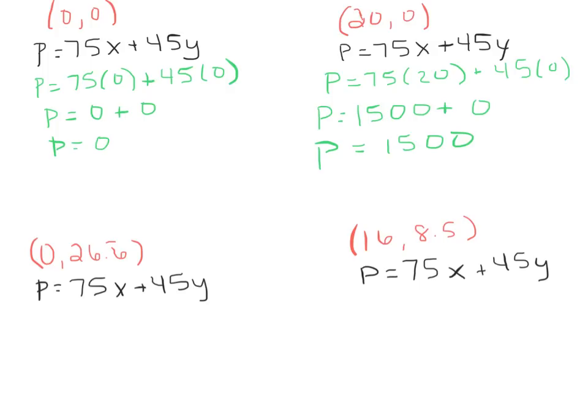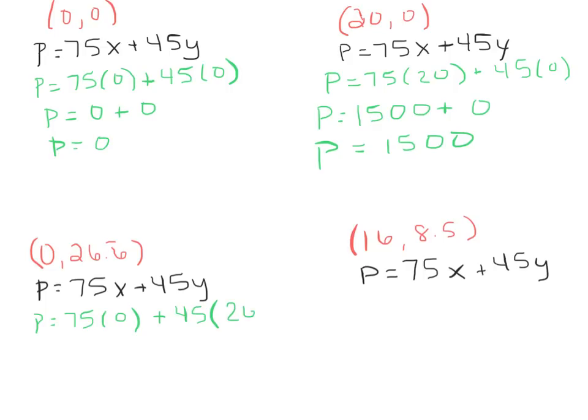Then we go on to our next. We take P equal to 75 times 0 rollerball pins plus 45 times 26 and 2/3. Does that make sense? No, not really. So we're going to have to go to 26 because we can't make 2/3 of a pin. So we'll go to 26.